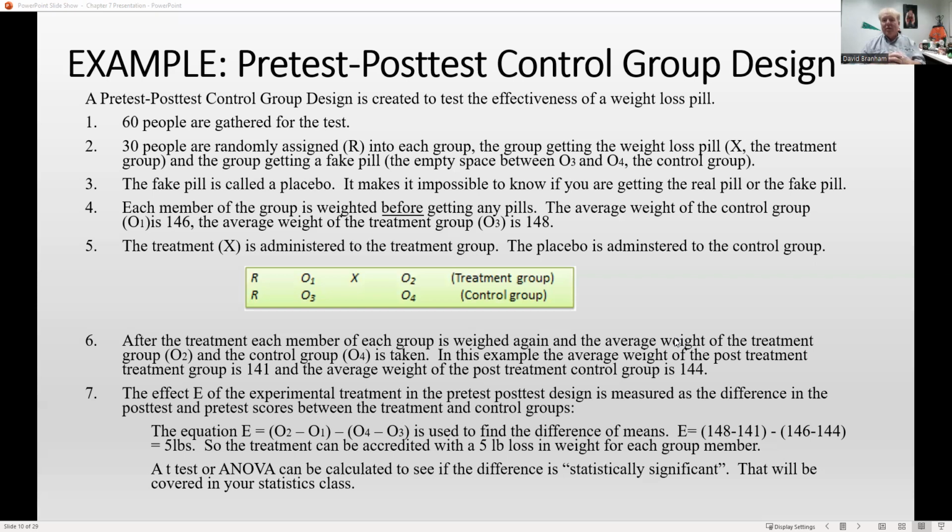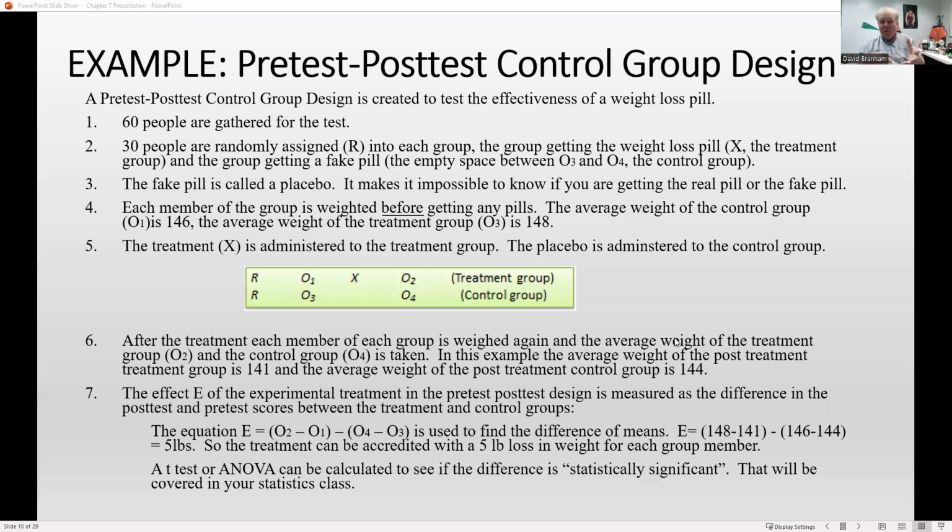So E equals 148 minus 141, because the treatment group lost 7 pounds, minus 146 minus 144, because the control group lost 2 pounds, maybe just because they think they're going to lose weight from the pill. So 5 pounds can be attributed to the treatment. So that treatment can be said to help each individual lose about 5 pounds.